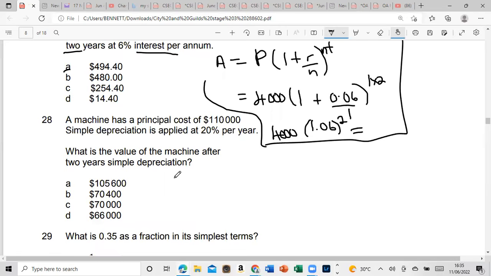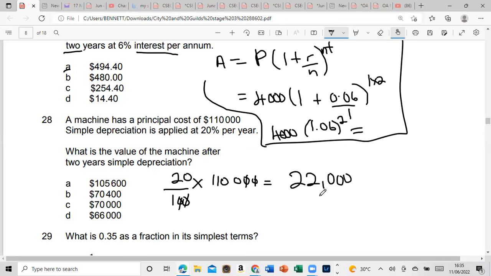So it's going to be depreciated 20%. 20% is the same thing as dividing by 5. So 110 divided by 5 is 22,000, times 2, which is 44.